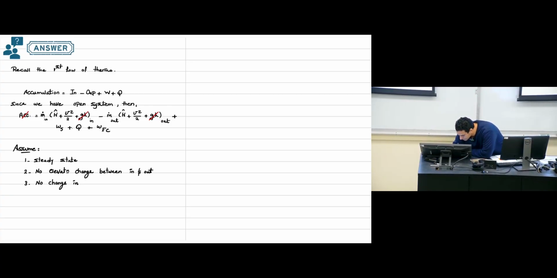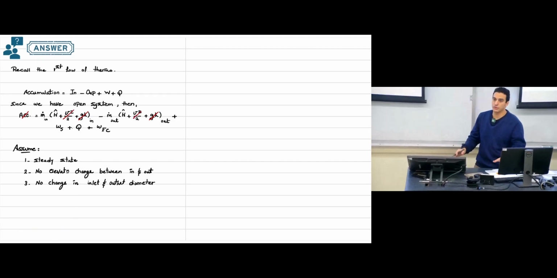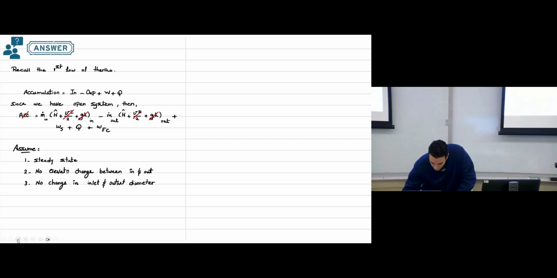So we don't have any changes in inlet and outlet diameter. So this one means the kinetic energy of the inlet, the kinetic energy of the outlet, both of them will be equal, so we can cancel both of them together.